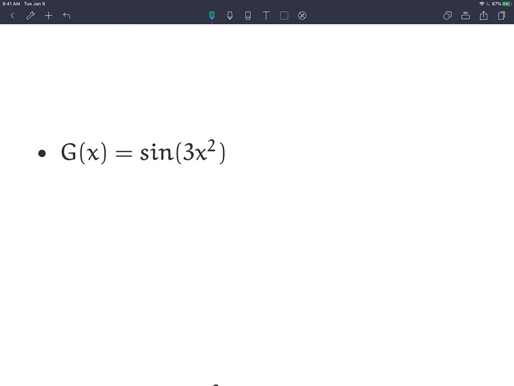So I'm trying to find a function g of x whose derivative is sine of 3x squared, right? It's not going to be possible.